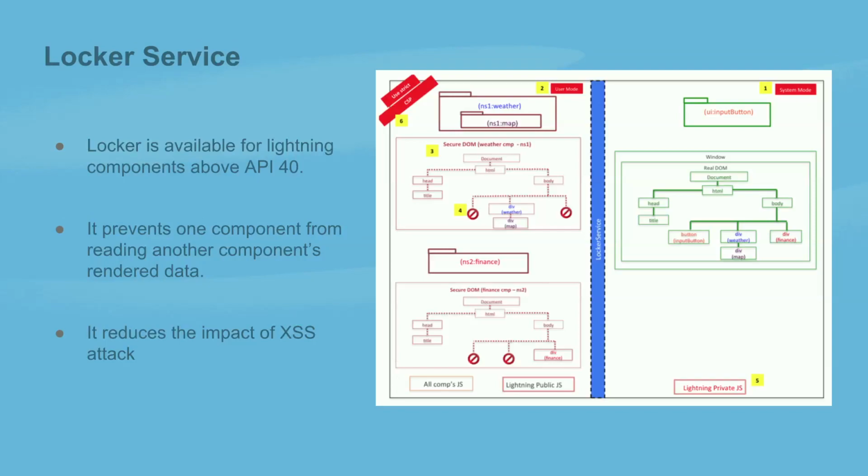So if there's any XSS in, for example, the NS Finance app, then that script cannot access what's in the weather app, and the script cannot access the document element because it's all restricted. It's like a JavaScript sandbox. Again, Locker is not supported for IE. It works in Chrome and every other browser.